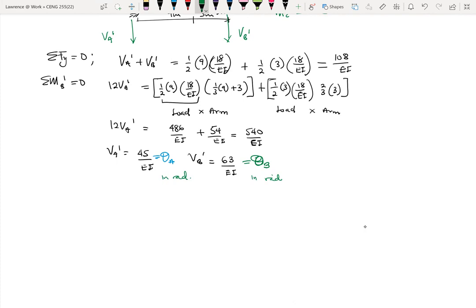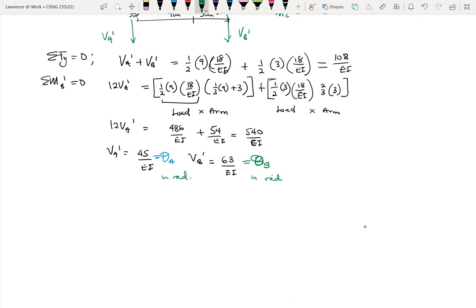So if E is, let's say, 200 GPa, and maybe I is some 10 times 10 exponent 6 mm4 or something like that, we could easily determine our slope in terms of the actual value. Okay.